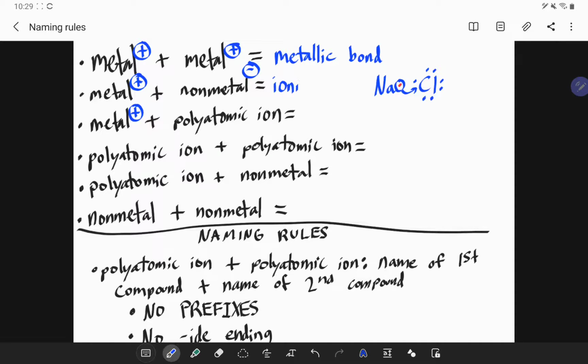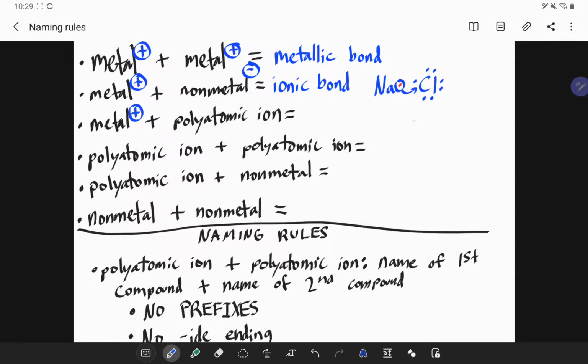We've had these simple definitions of it's a metal bonded to a nonmetal, or a difference in electronegativity of greater than 1.8 or 2 or whatever value your teacher gives you. But really, it's a bond where there is a complete transfer of electrons. So sodium and chlorine is a really good example of that.